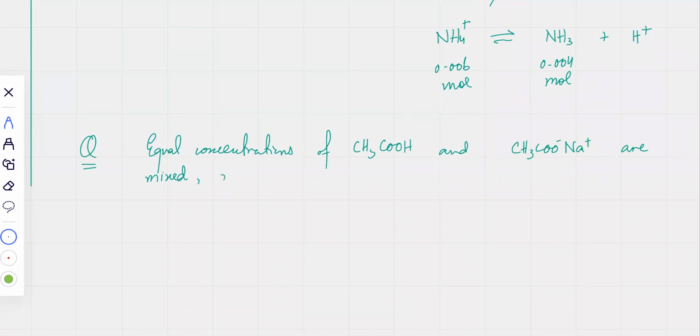It's a buffer, obviously, because it's a mixture of a weak acid and its conjugate base. The resulting buffer has a pH of, let's say, 5.1, and they're asking us to find Ka.